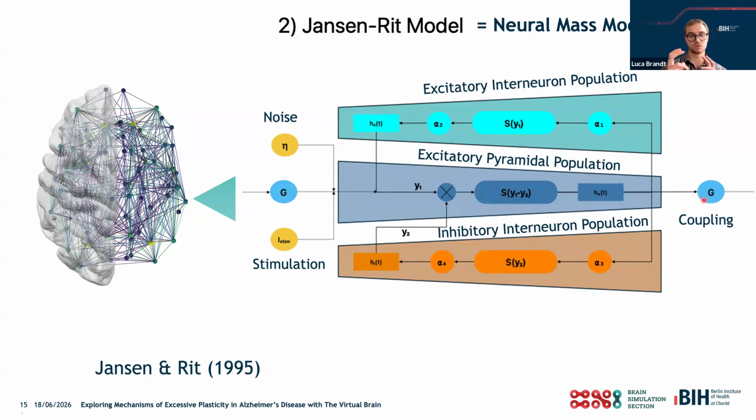So how strongly the brain regions interact. And we will later stimulate and see how the trajectory of plasticity changes and introduce neuromodulation by altering the global coupling. So this is all you need to remember from this slide.